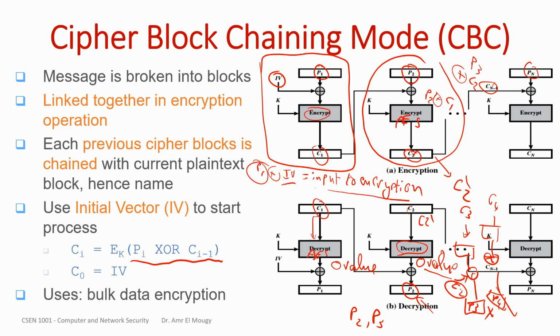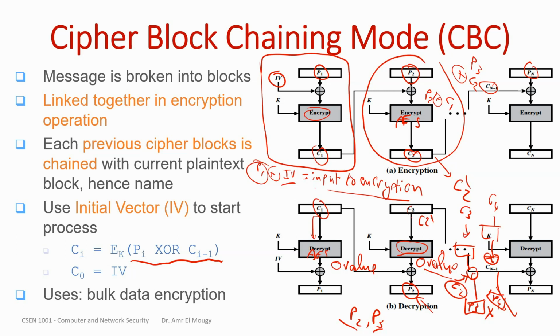So if there is an error in C2, the output of the CBC decryption, which is P2, will be affected, and the next one, which is P3, will also be affected because the decryption of P3 depends also on C2, which has errors. However, P4, which is the output of the decryption of the fourth step, depends only on C3 and C4, so it will not be affected.